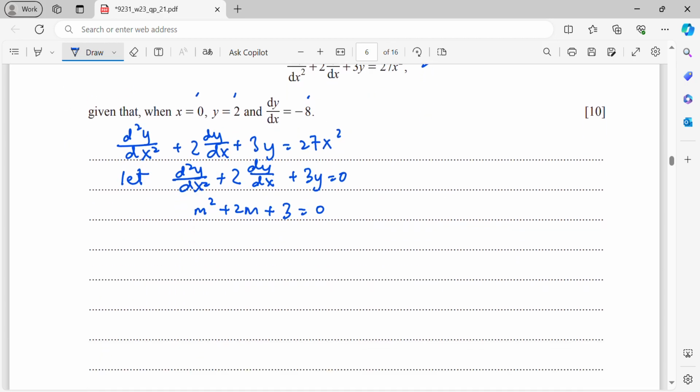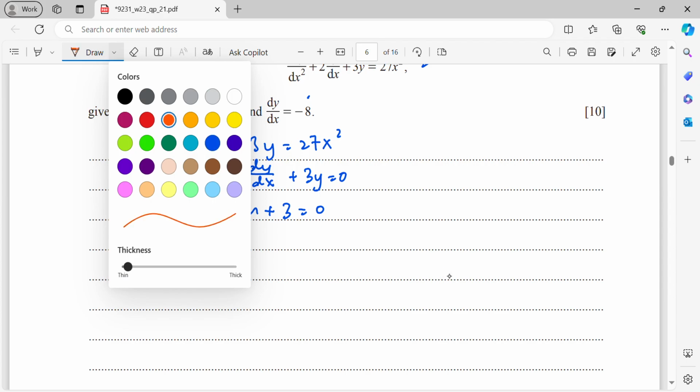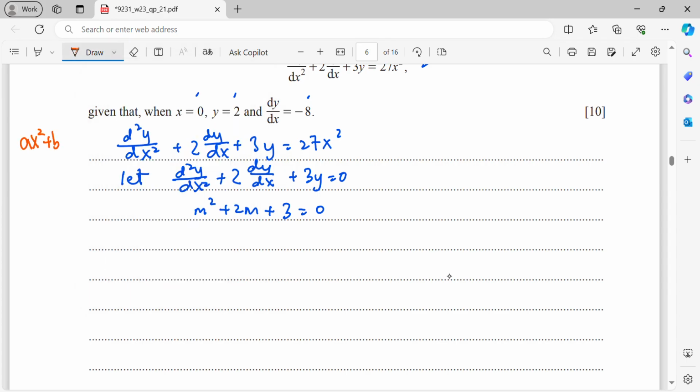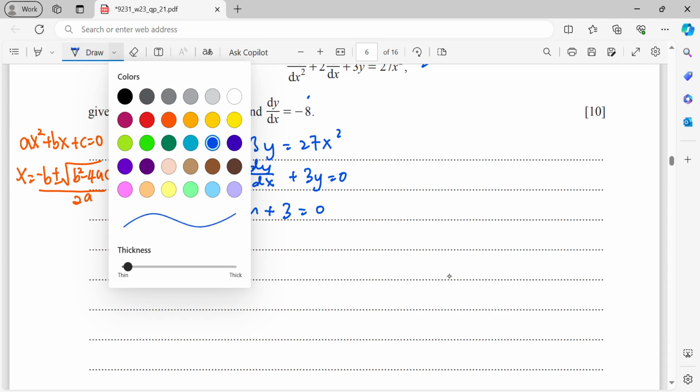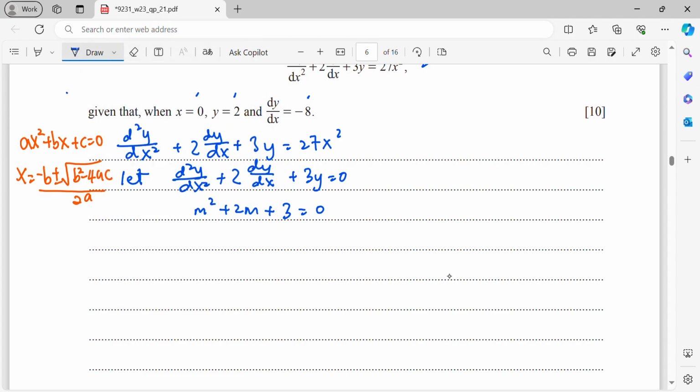And this quadratic equation cannot be factorized. Therefore, we need to use the quadratic formula. Quadratic formula is ax squared plus bx plus c equals 0. So the formula is x equals minus b plus minus square root of b squared minus 4ac over 2a. Then when you apply this formula, first of all, I will write down the coefficients of m squared and also the constant.